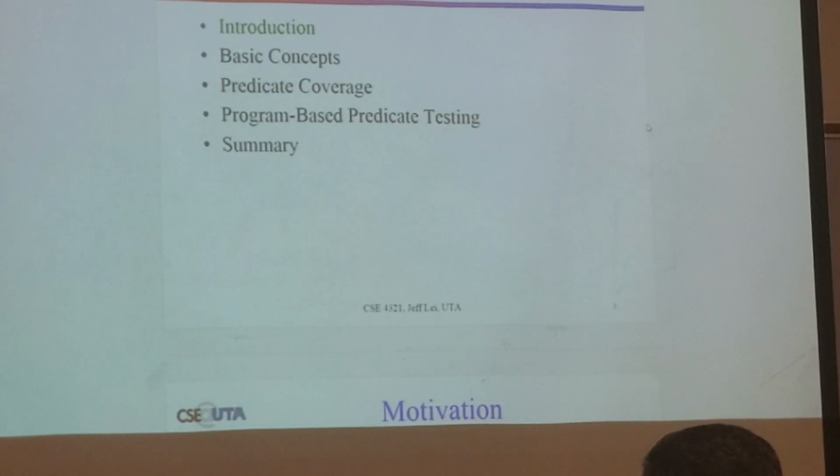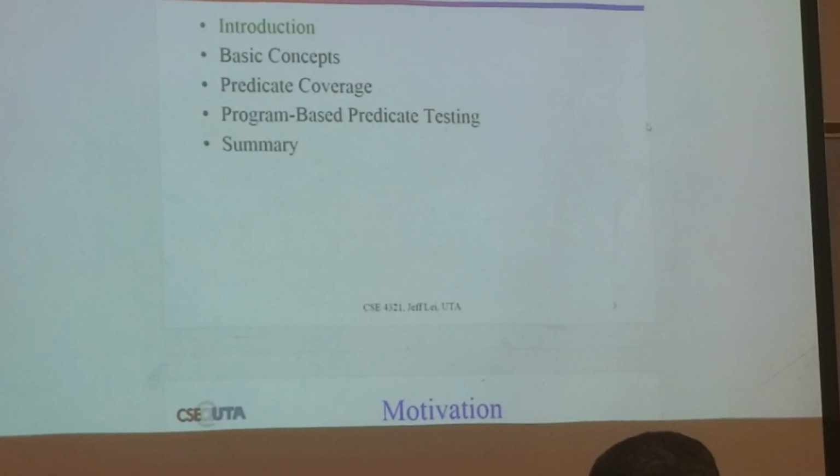We're going to start a new topic, predicate testing. First, I want to give you some motivation, why we want to do predicate testing. So predicate, it's a fancy name. As we mentioned before, a predicate is basically a statement that can be true or false, right?